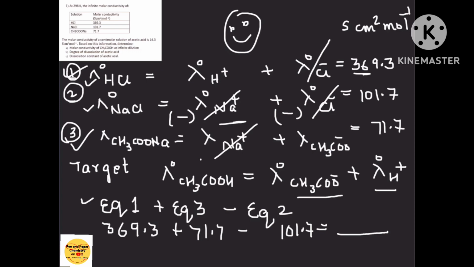Oh, still looking at the blank screen, right? You want the answer? It's 339.3 Siemens centimeter square per mole. Every time, please don't forget the unit. You are now senior students. We cannot ignore the units because we've seen for ourselves how it affects the value.